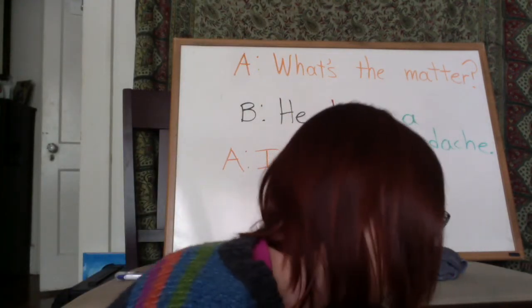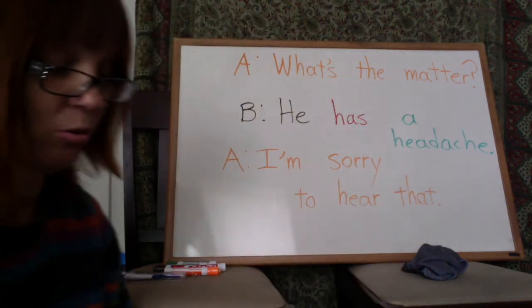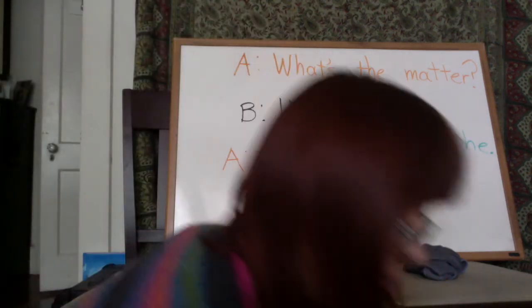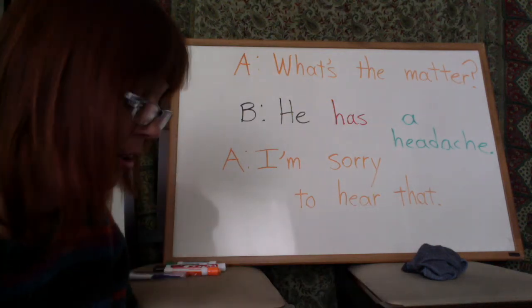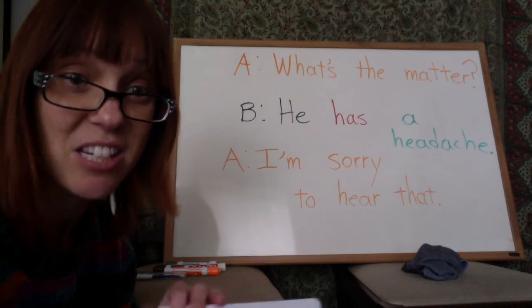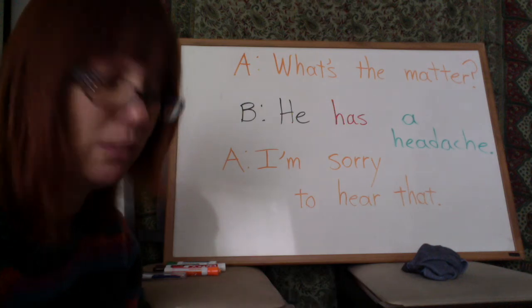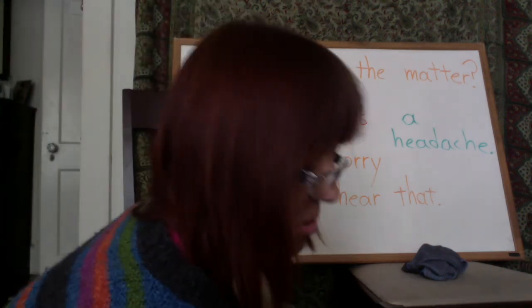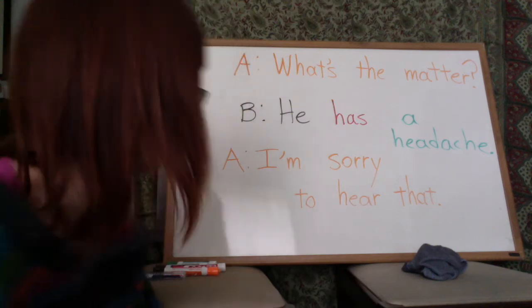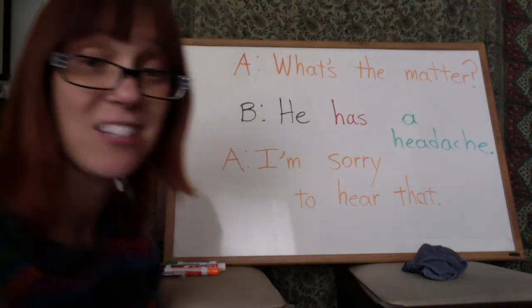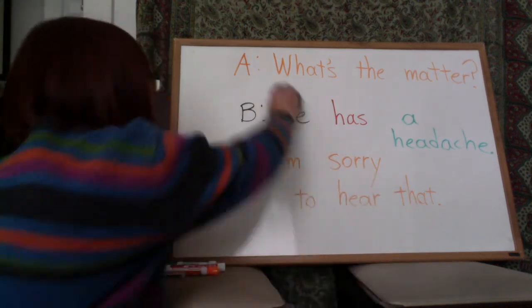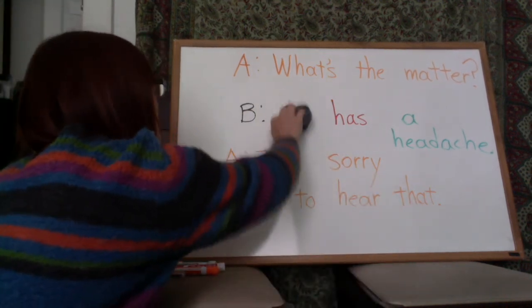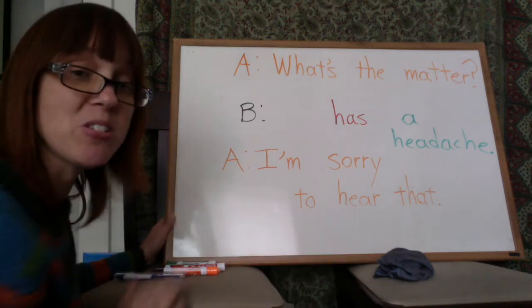So we can also practice with names or with family. So if you have children, little children, they get sick. Sometimes they are sick, and it's good to practice. For example, we can practice with different words. So instead of he or she, I can say, my son.